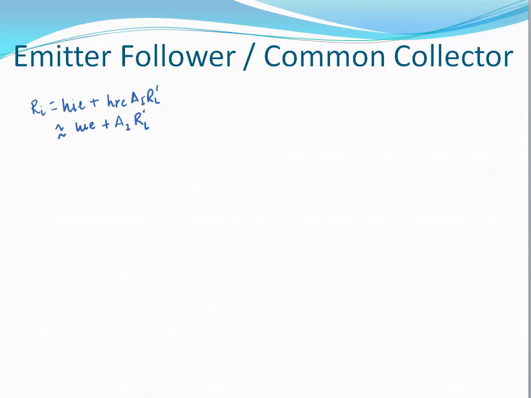The typical value of HIE is around 1.1 K, and AI is around 50.